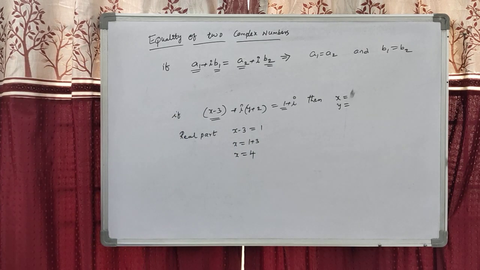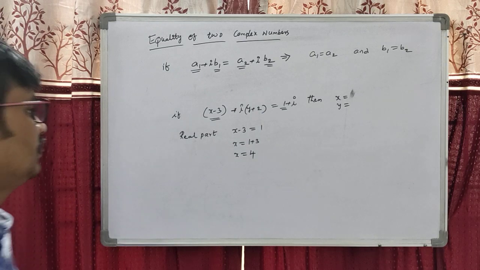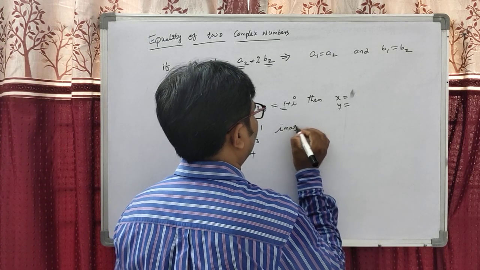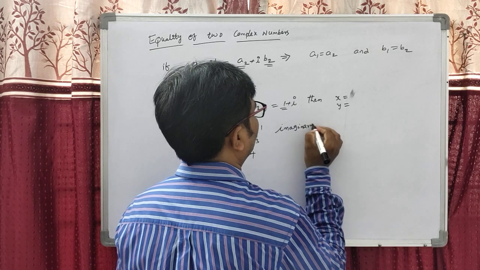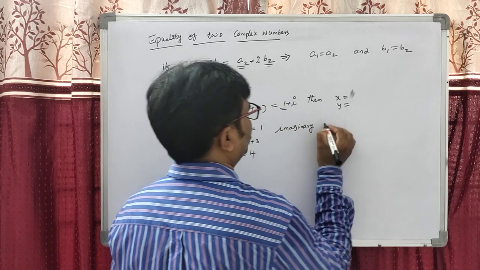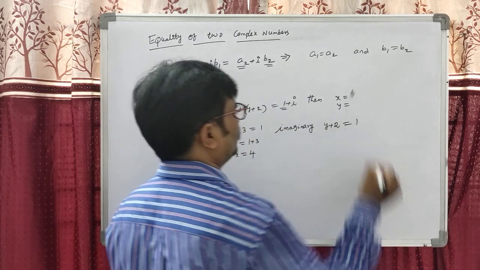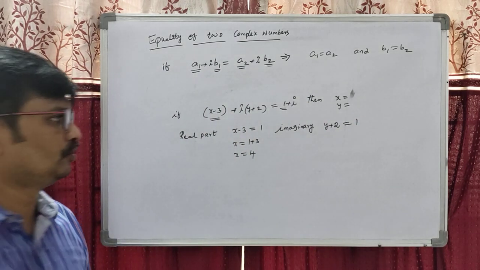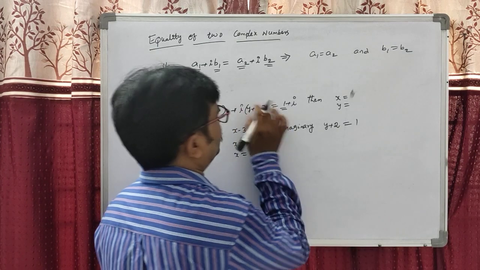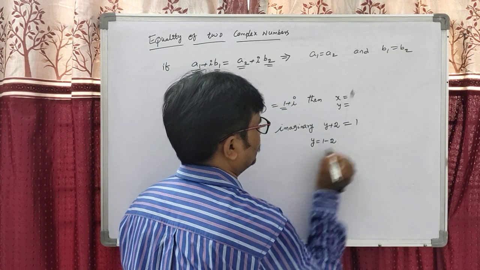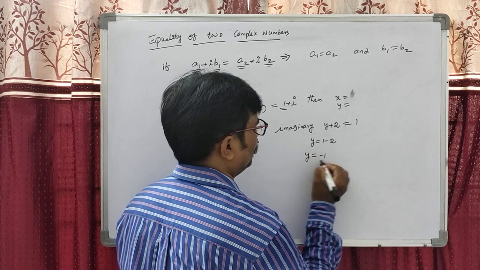Now we equate the imaginary parts on both sides. The imaginary part is y plus 2, and here the imaginary part is 1. Therefore y plus 2 equals 1, y equals 1 minus 2, so y equals minus 1.